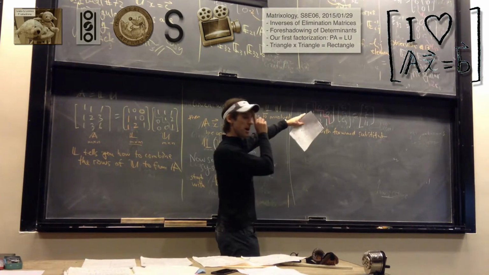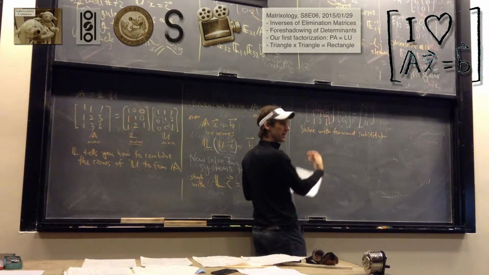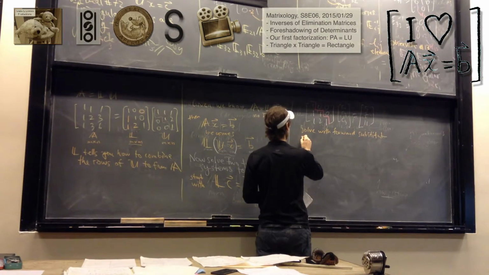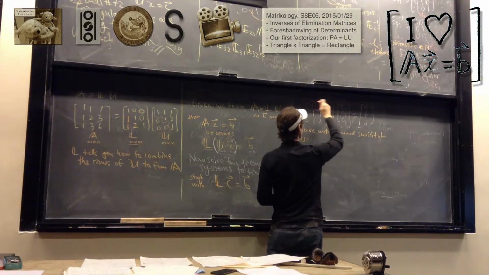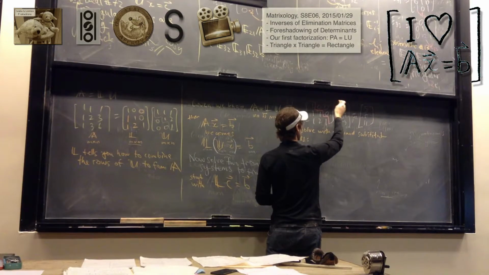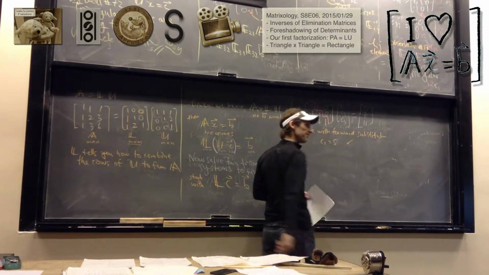So we start at the top, instead of starting at the bottom. The first row is telling us that c1 plus zeros equals 5. So c1 equals 5. Done.